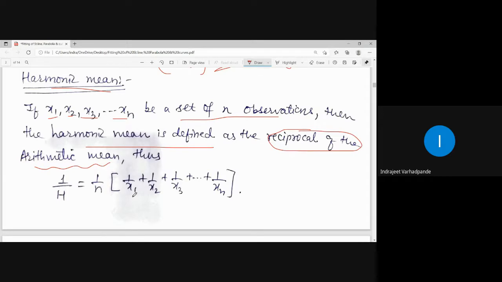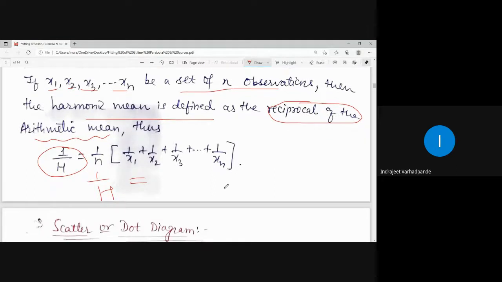Take the reciprocal and add them. That gives the reciprocal of the arithmetic mean, called the harmonic mean. So 1/H is the notation used for the harmonic mean, which is 1/n into (1/x1 plus 1/x2 plus 1/x3 up to 1/xn).